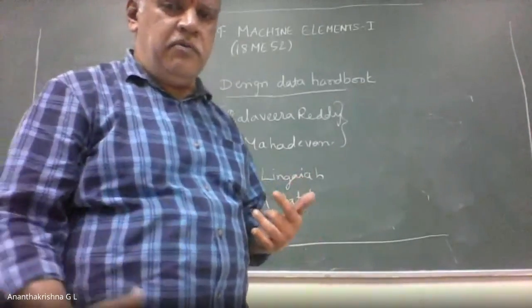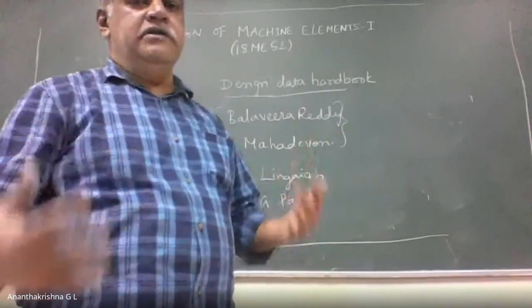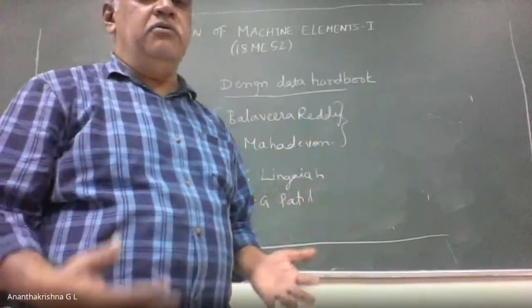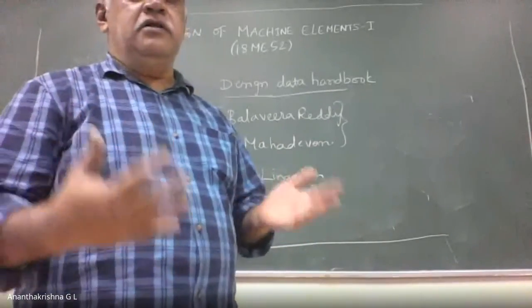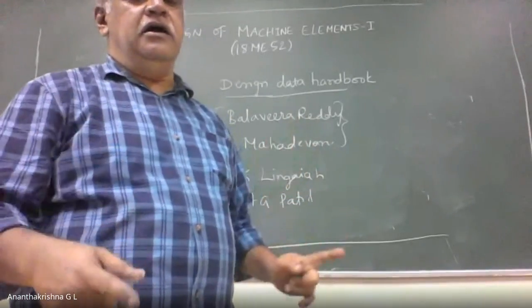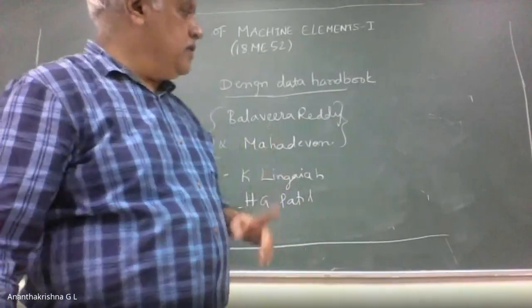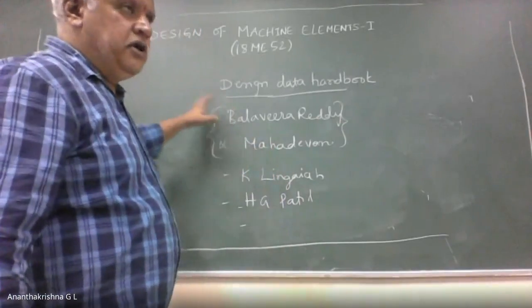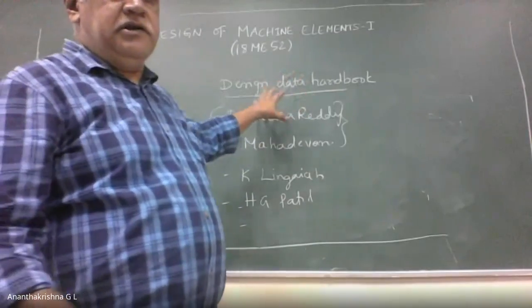The equations are all available in design data handbook. Therefore, it is essential to have design data handbook of Balveera Reddy Mahadevan authors with you. Calculator is compulsory and the notebook and pen is compulsory. It is for your benefit. We are doing it on board, so you need to involve as you are sitting in the classroom.